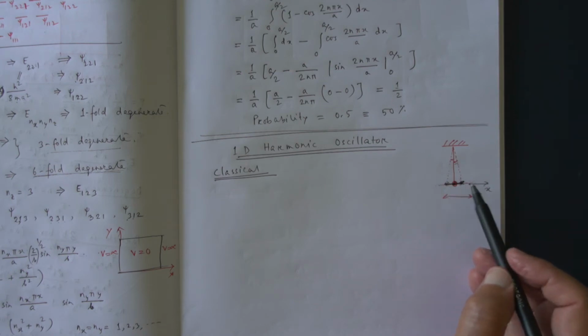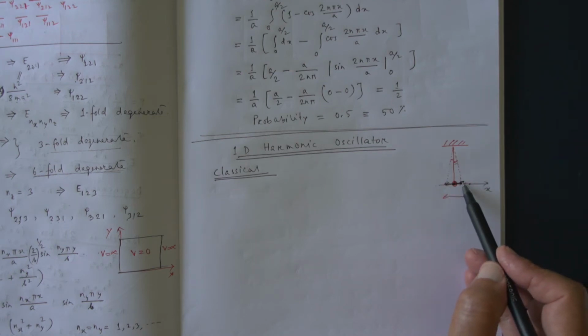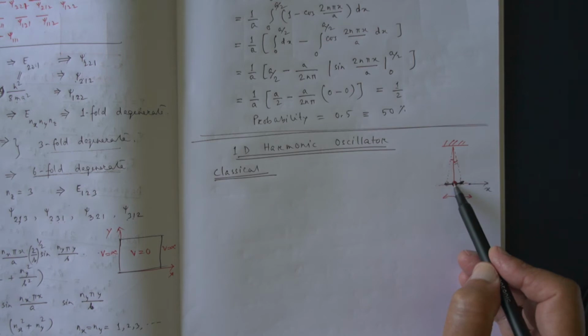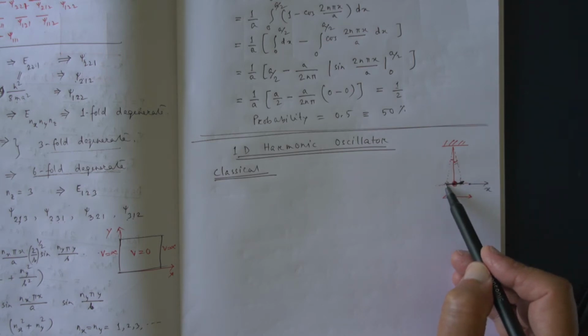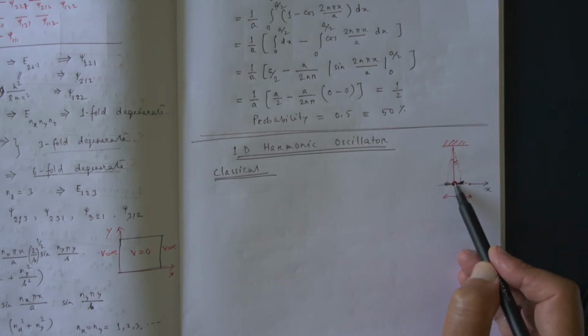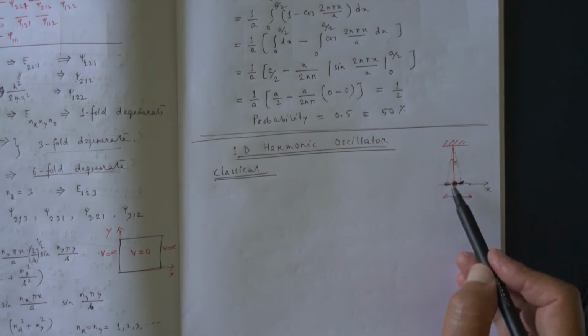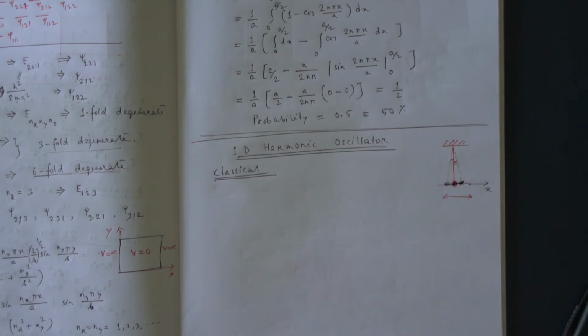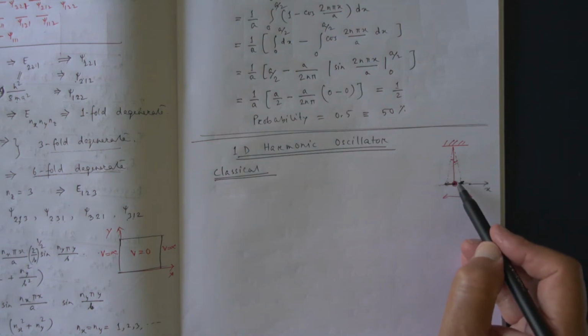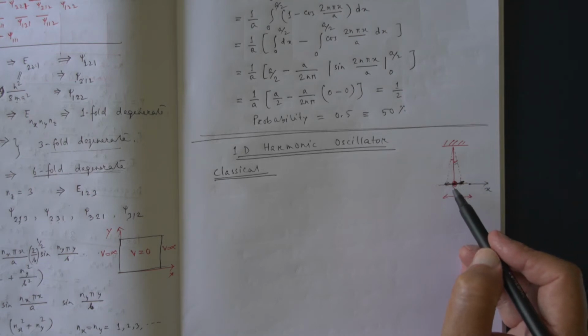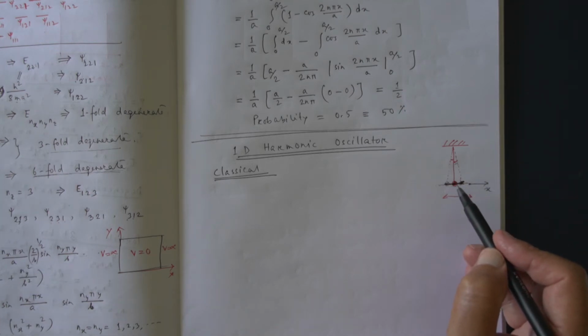Kinetic energy also goes from 0, increases to maximum, then decreases to 0, increases to maximum, decreases to 0. So both potential energy and kinetic energy fluctuate here. The total energy of the pendulum is the sum of kinetic energy and potential energy.